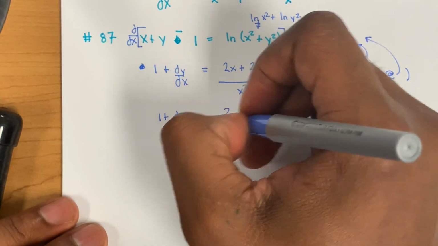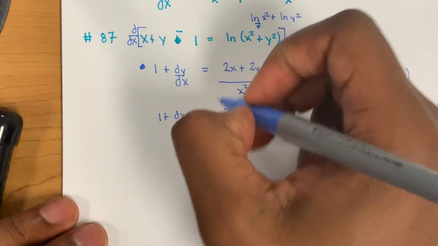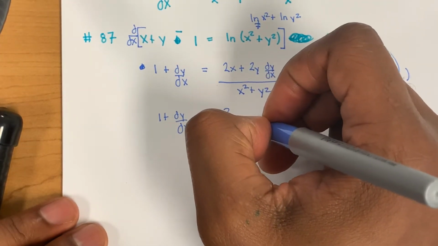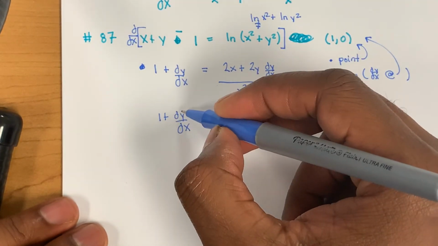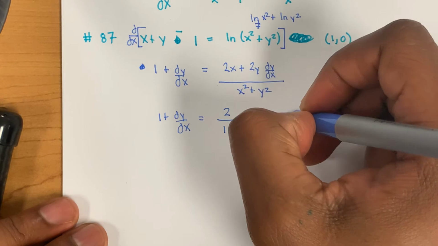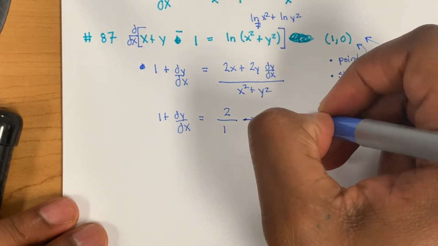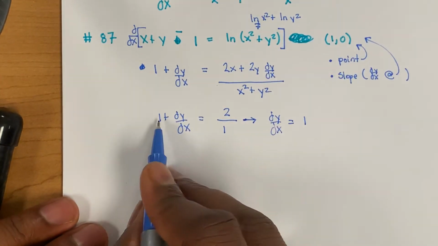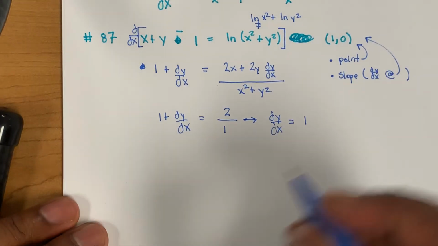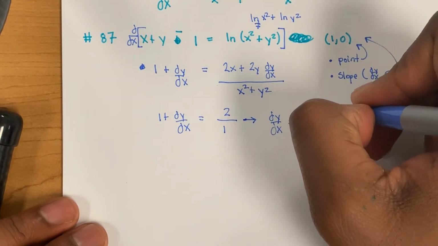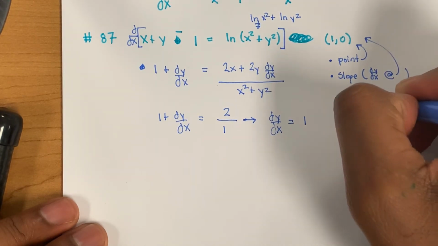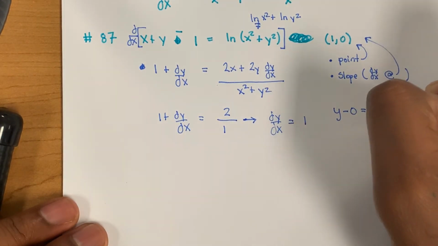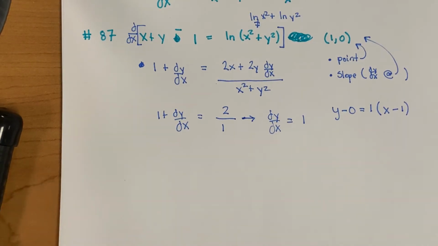So we get 2 over 1 squared plus 0 squared, which is 1. And that would imply that 1 plus dy over dx equals 2. So dy over dx at the particular point is equal to 1, because we just subtract 1 from both sides. So to write our equation, we have y minus 0 equals the slope, which is 1 times x minus 1. That's the equation in point slope form.